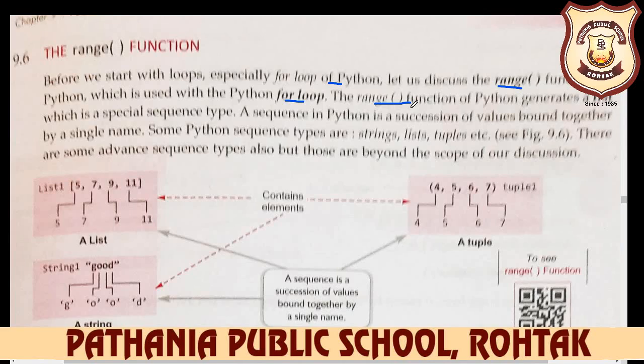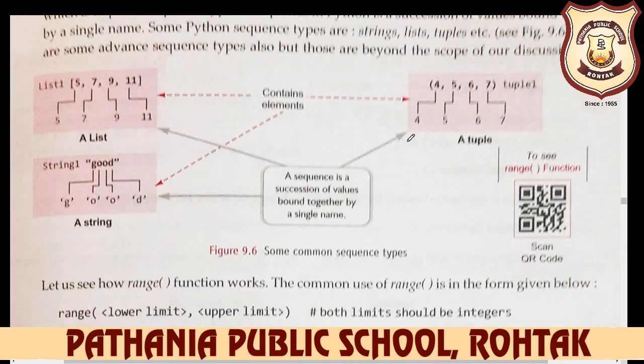So a sequence in Python is a succession of values bound together by a single name. Some Python sequence types are string, list, tuple, etc. We will learn later. And there are some advanced sequence types also, but those are beyond the scope of our discussion.